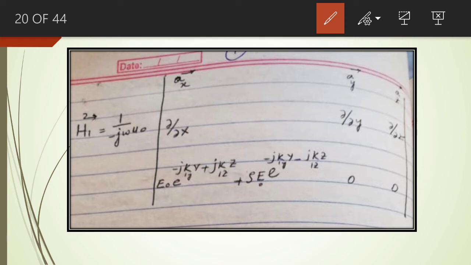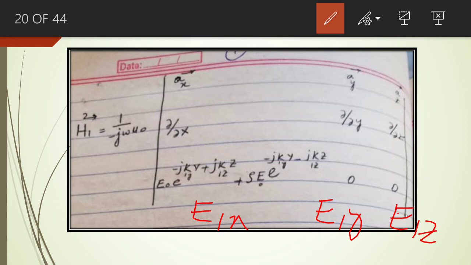So here is the x component of E1, and here is the y component of E1, and here is the z component of E1. So let us consider E1, and you guys will see that E1 has only one component, that is the x component.